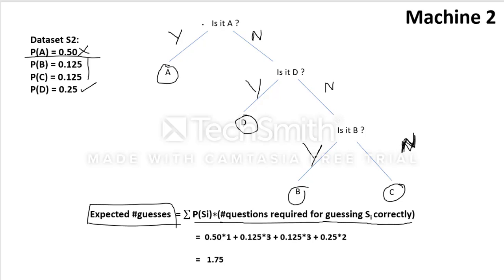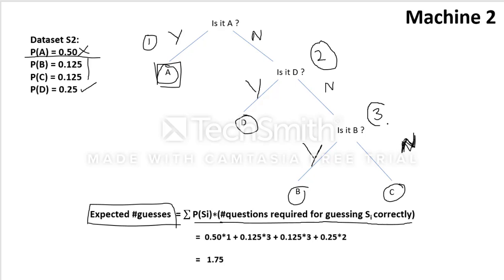So let's take the example of A. Probability of occurrence of A is 0.5, half the time. How many questions do we need to find whether it's A? Just one question, right? If this question was true, then we can just say we have found the next element is A. So we needed only one question to find out whether it was A or not. So that's 0.5 times 1.